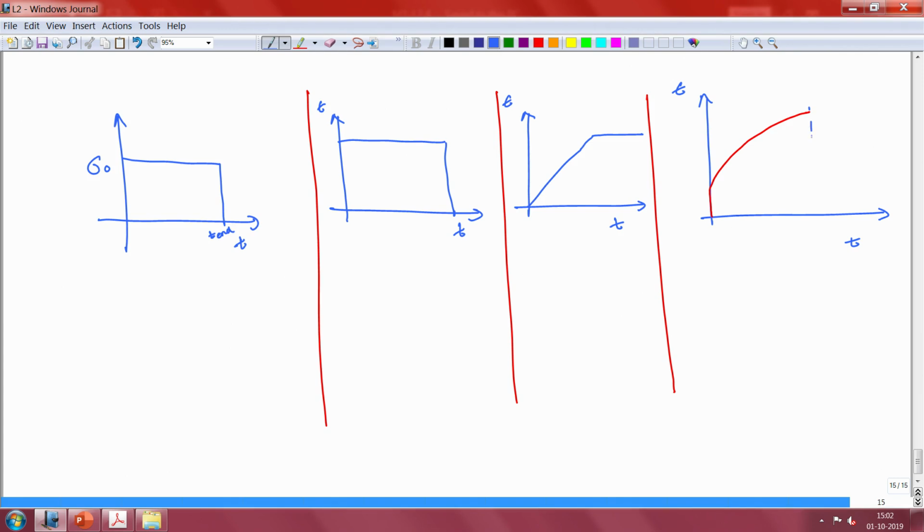So, let us say this is the T end here, and what I am going to do is I am going to leave you with this for the next class. Okay. So, I want you to try and figure out what this response is going to be, and in the next class we are going to see what it really is.